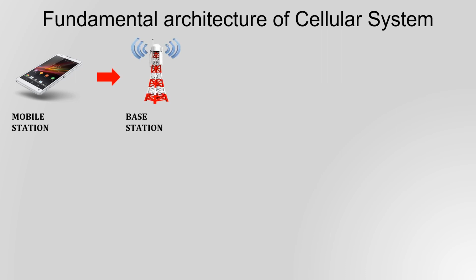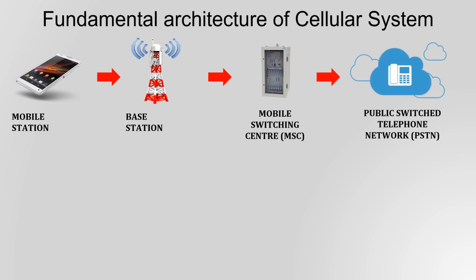So basically, when you consider the very fundamental architecture of a cellular system, it comprises four components. The first one is the mobile station, the second one is the base station, the third one is the mobile switching center, MSC, and the fourth one is the public switch telephone network, PSTN. Now let us see what each one does, one by one.